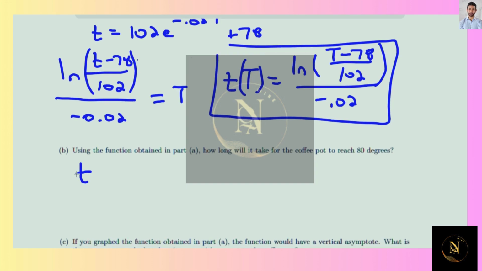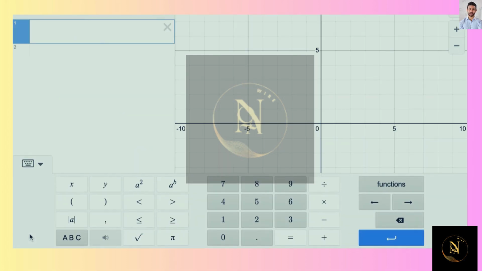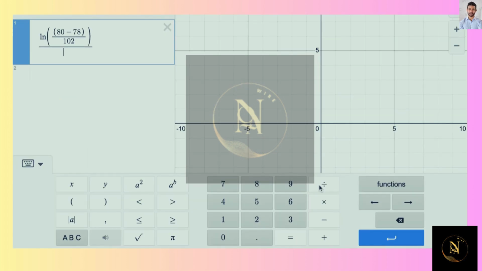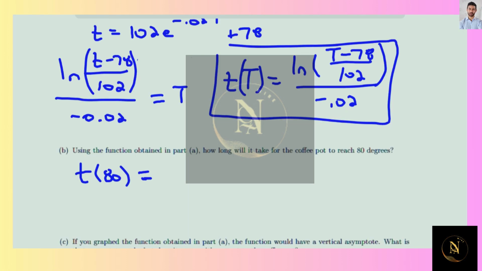That would be t of 80, and so that would be the natural log of 80 minus 78, just 2 over 102, divided by negative 0.02. We get 196. I'll go to the nearest tenth, 196.6 minutes.